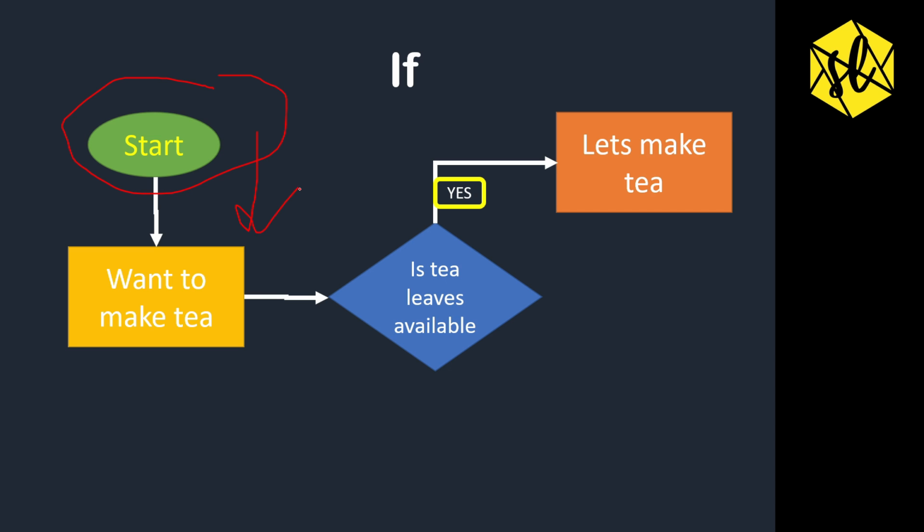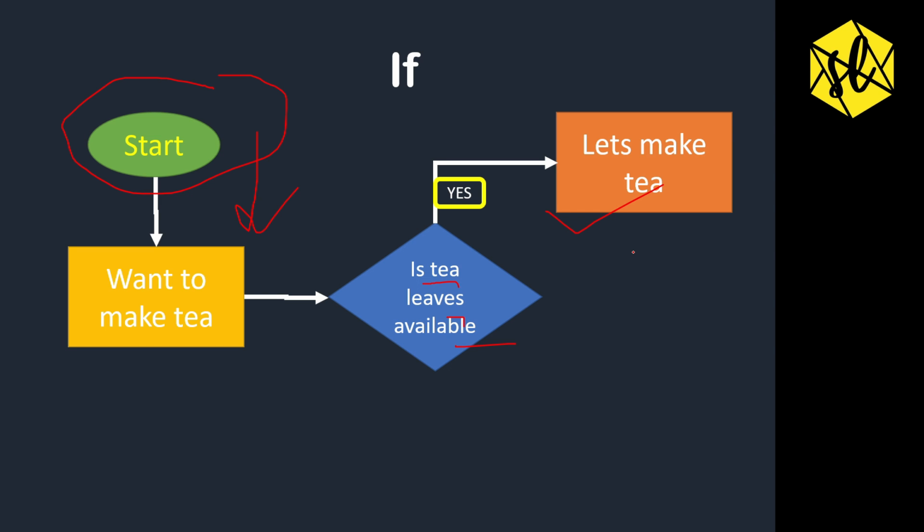Okay, I want to make tea. Now I will check in our kitchen whether tea leaves are available. If tea leaves are available, then I will make tea. Otherwise I can't. That is what if does.